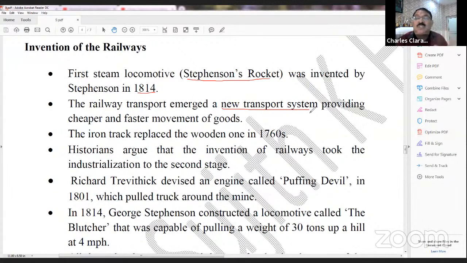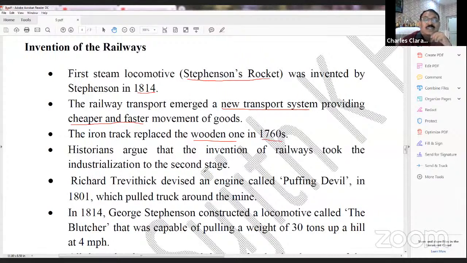The first system was by road, basically carts. Then the cheapest system was the waterways. Now the new transport system was railways, providing cheaper, faster movement of goods. The iron track replaced the wooden one. So first they had a wooden track, and they changed it to an iron track.